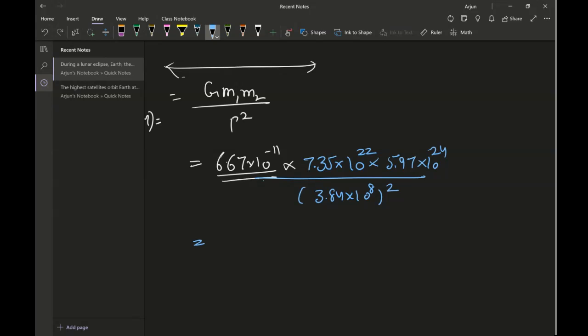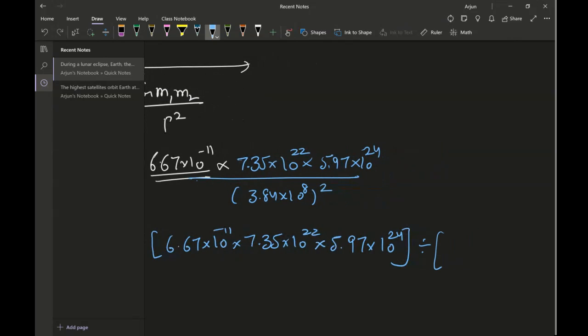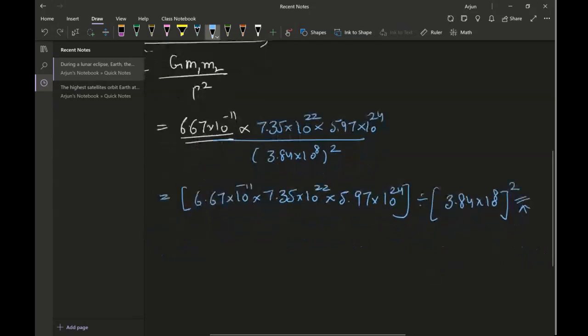So I'll encourage you, when you are putting these values in the calculator, to start with a bracket: 6.67 times 10 raised to the power negative 11 multiplied by 7.35 times 10 raised to the power 22 multiplied by 5.97 times 10 raised to the power 24, close the bracket, then divide it by, start another bracket, 3.84 times 10 raised to the power 8, close the bracket, and then square it. Do not forget to square it, otherwise your answer will be wrong. That's how you're going to put it in your calculator.